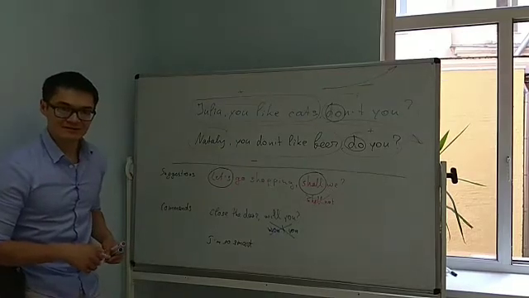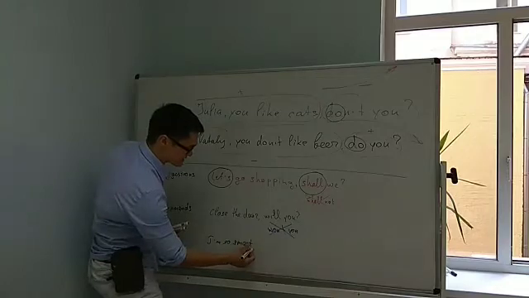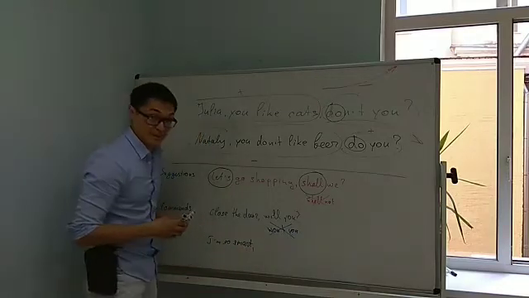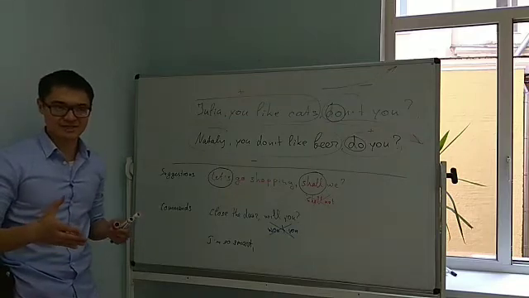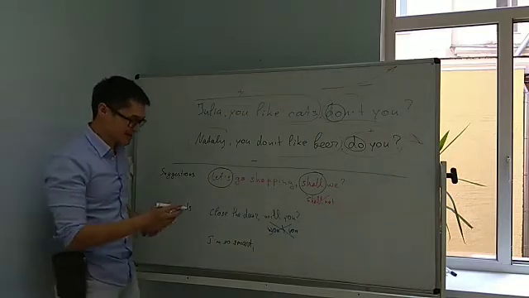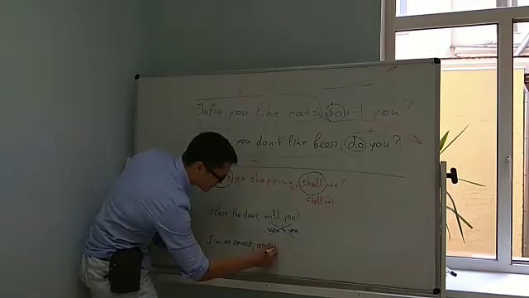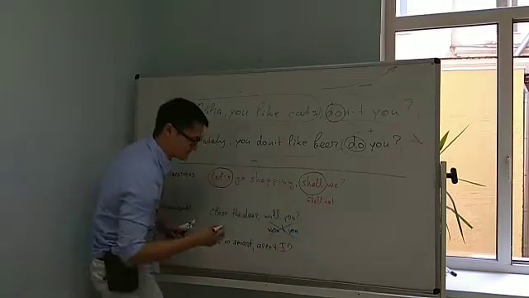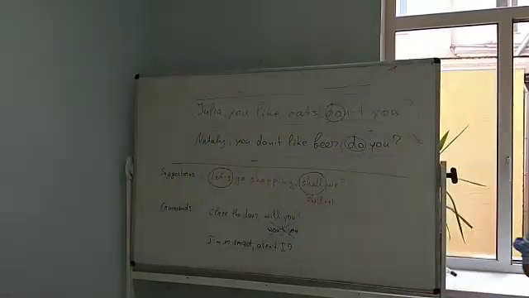No. So it's a positive statement, so it has to be a negative tag. Amn't I? Sounds horrible, right? And actually, there is no such contraction as amn't. So that's why instead of amn't, they use aren't. Aren't I? I'm so smart, aren't I?